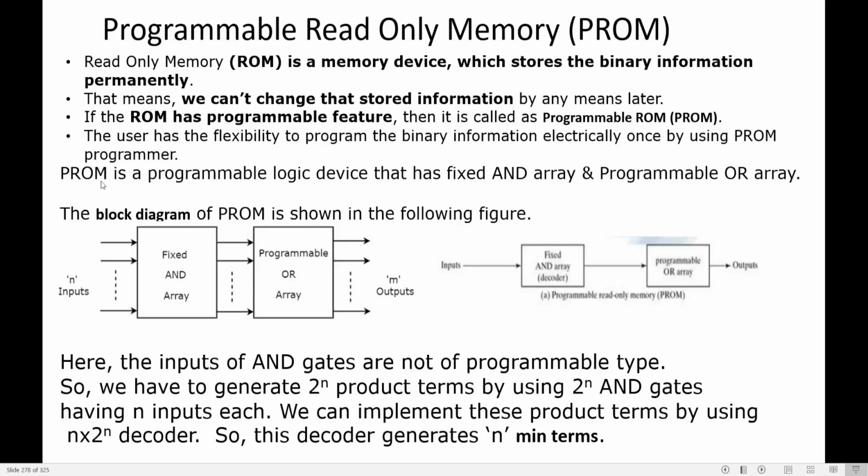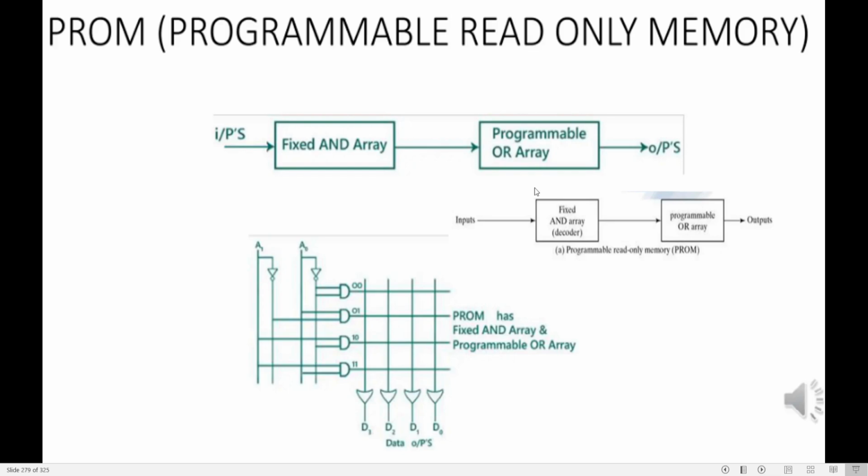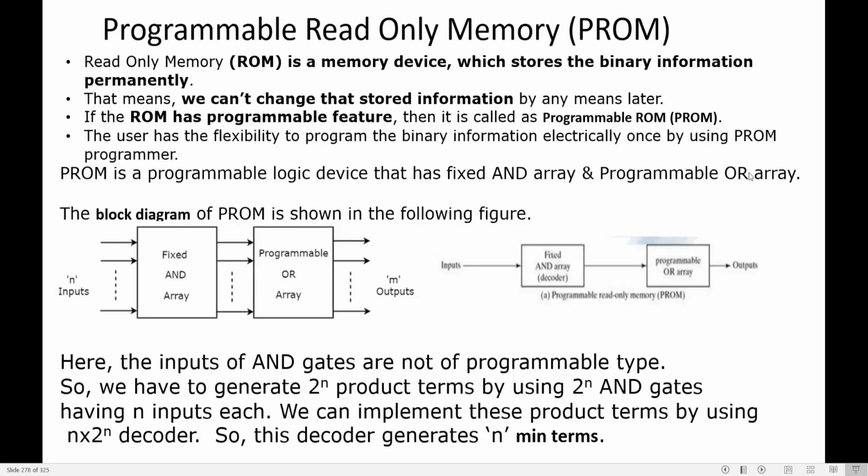Now this PROM is a logic device that has a fixed array of AND gates and programmable OR gates. Can you see this is the block diagram of PROM, which has a fixed array of AND gates and programmable OR gates. So this is called PROM. Fixed AND and programmable OR.